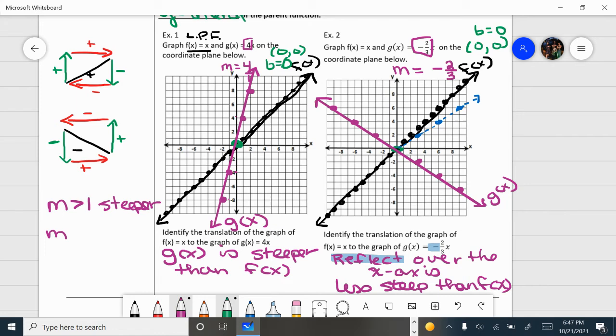If our m is between 0 and 1, it will be less steep. Now, I'm just looking at the number there, and we're not talking about the negative. The negative is going to be treated separately. All that's going to do is tell me that it reflects. The negative does not have any effect on whether it's steeper or less steep. It just reflects the line.